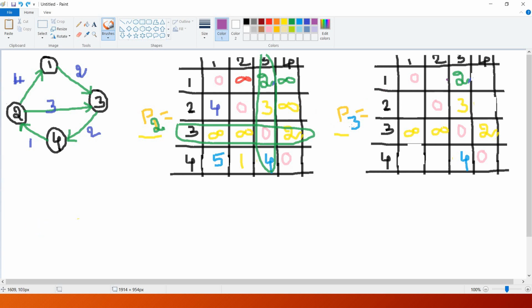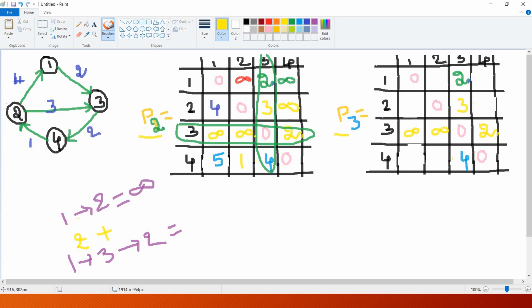So let us start from 1 to 2 because we need to fill 1 to 2 first. So 1 to 2, earlier it is of cost infinity. So now 1 to 3, 3 to 2, how much cost it will be? 1 to 3 is of cost 2 plus 3 to 2 is of cost... There is no direct edge from 3 to 2.